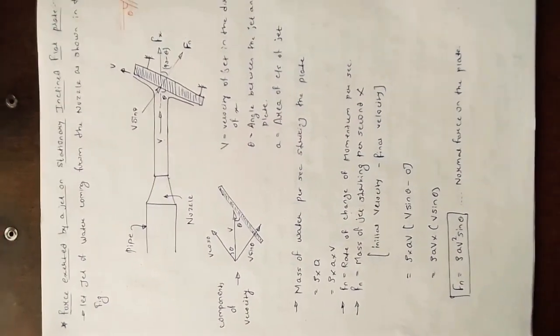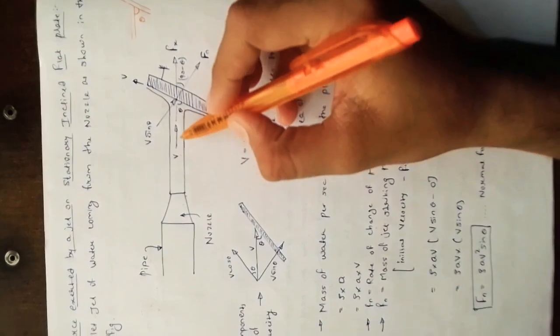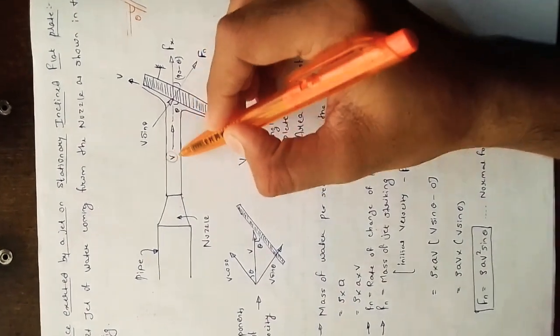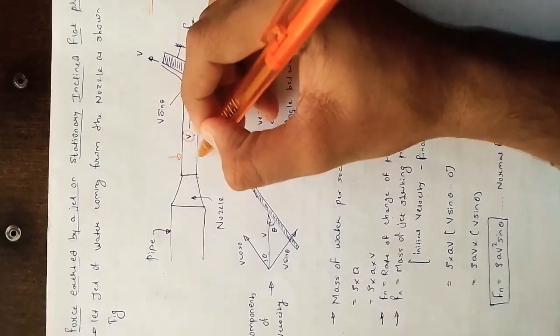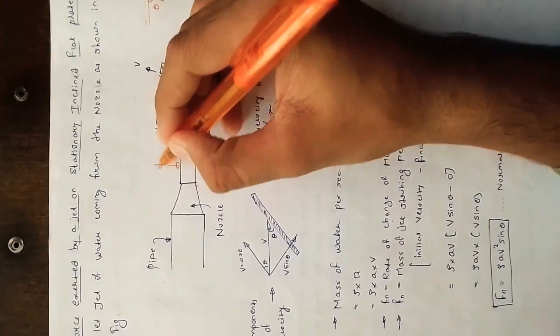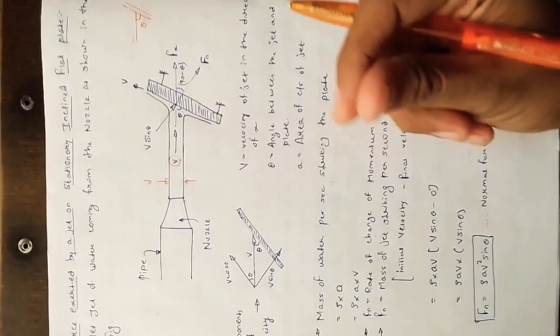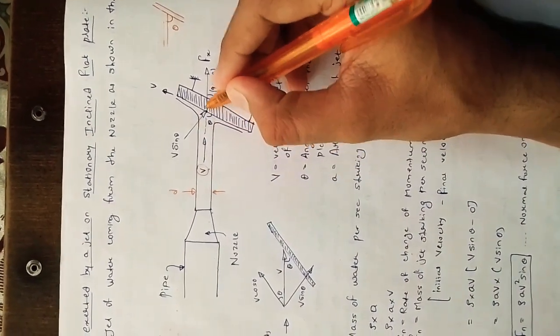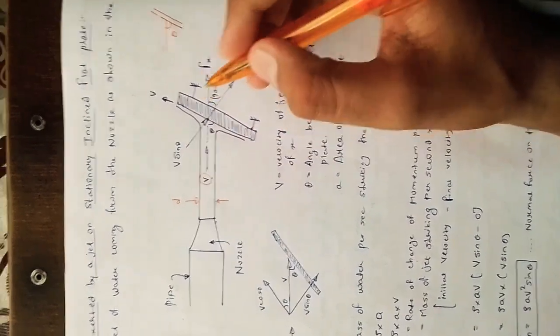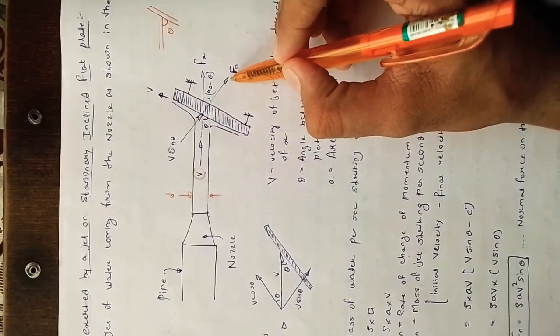Basically this v is the velocity of the jet. Let d be the diameter of this jet, and this is the point where the jet will be striking.